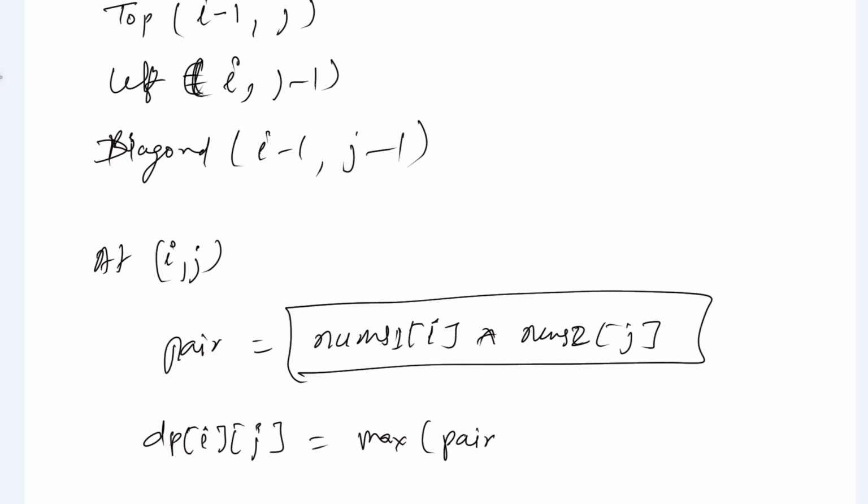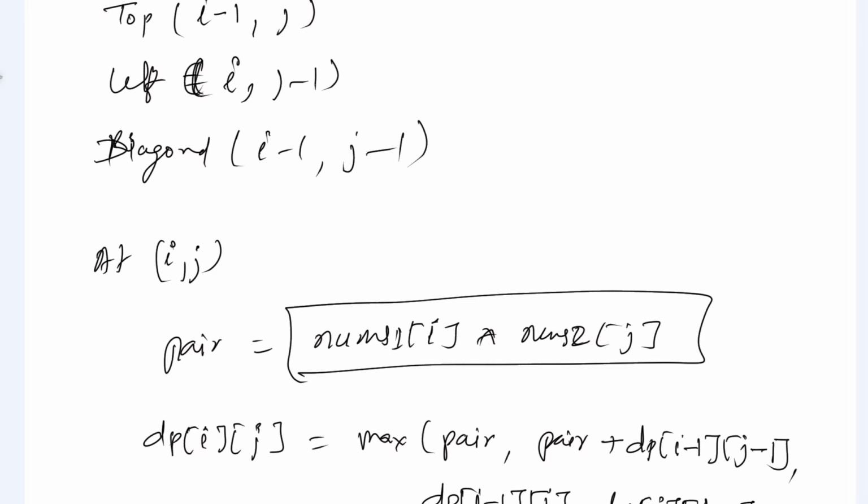There will be a pair, then the pair plus dp at I minus 1 and j minus 1. Another value will be dp at I minus 1 and j, and dp at I and j minus 1. Like this, we can say that.